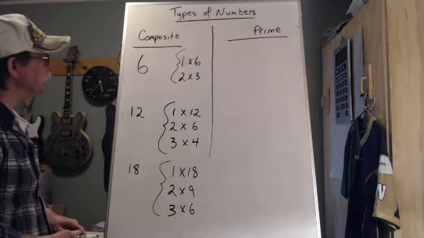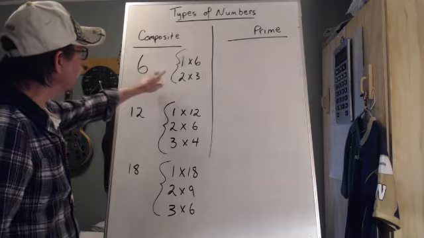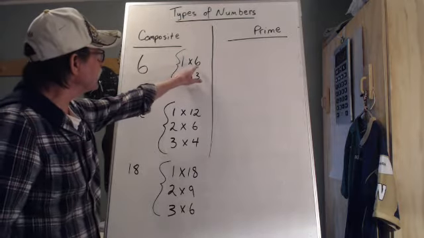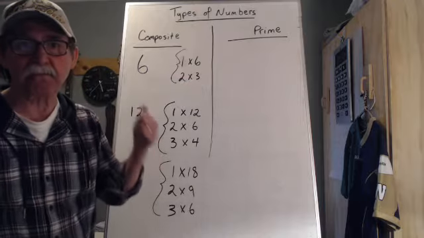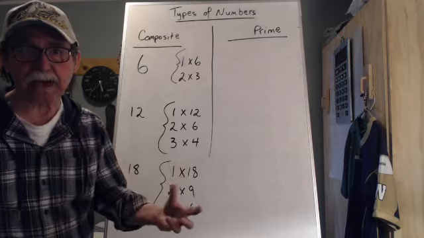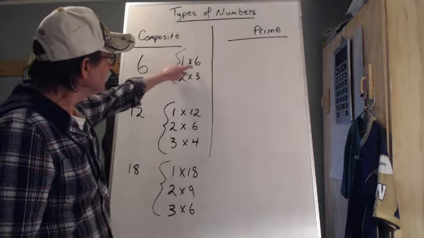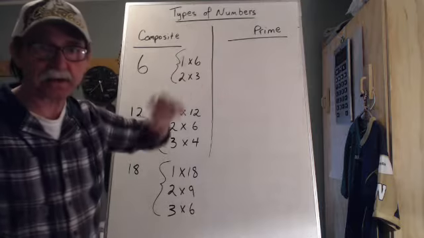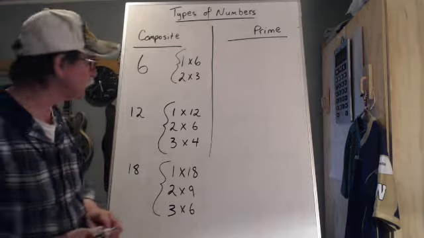Okay, all these numbers, go back to the 6, all these numbers, 1, 6, 2, and 3, they're called factors. So what are the factors of 6? 1, 6, 2, and 3. All those numbers divide evenly into 6.